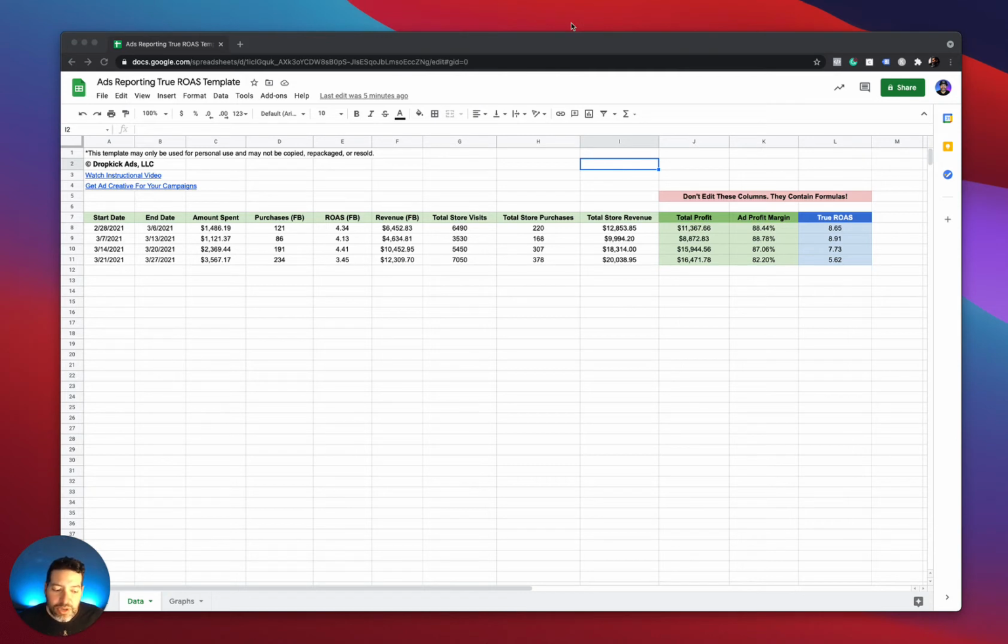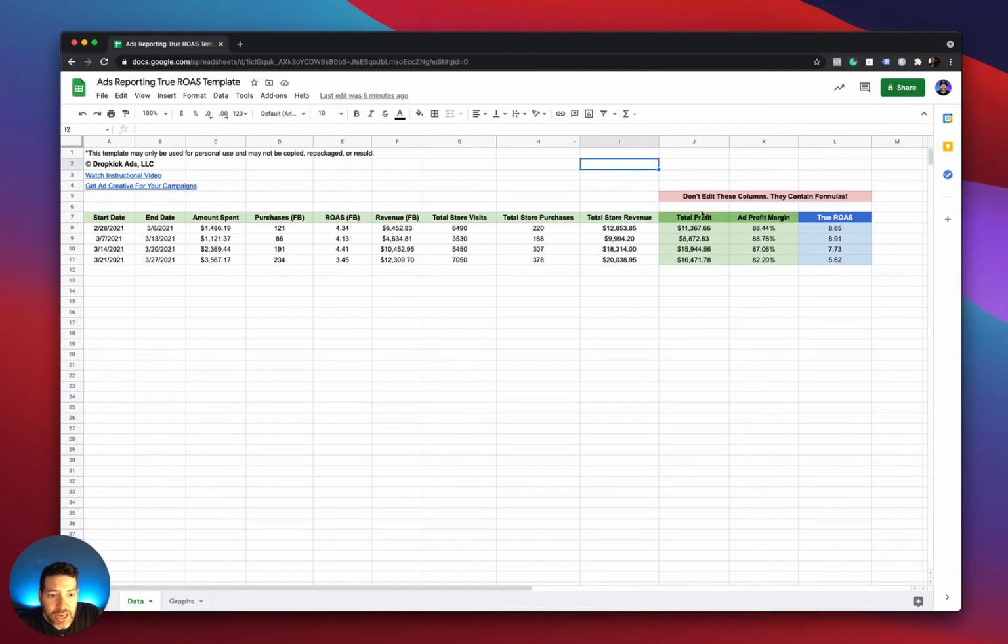So if you're making your decisions solely based on what you're seeing in Facebook's ads manager, you may be hurting yourself. So this spreadsheet is something I built to hopefully make things easier to understand and help you analyze and interpret the data. So let's take a look.